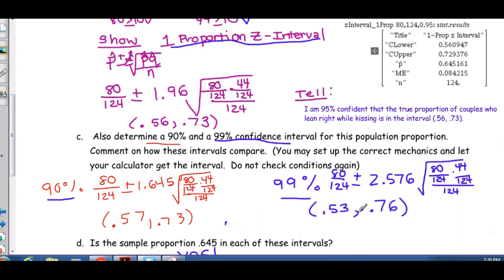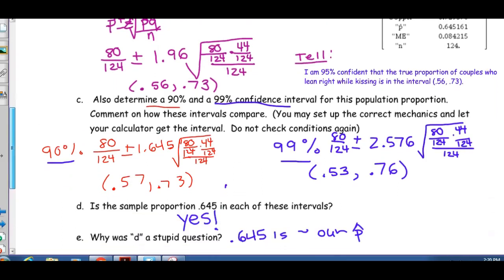Okay, now they're asking us, is the sample proportion of 0.645 in each of our intervals? Now that's not something you should even have to think about, because 0.645, that's basically our p hat. So we made these intervals from p hat, so of course it should be inside of our intervals.